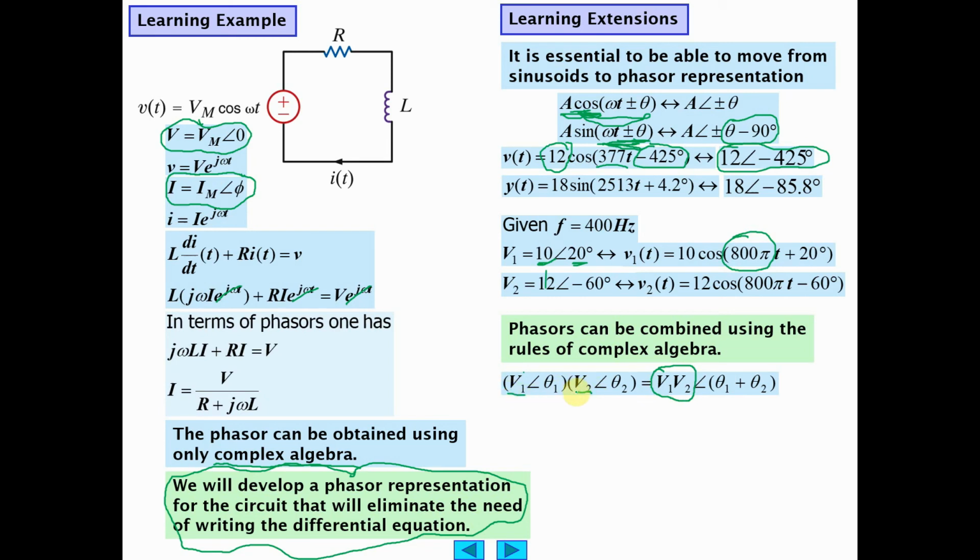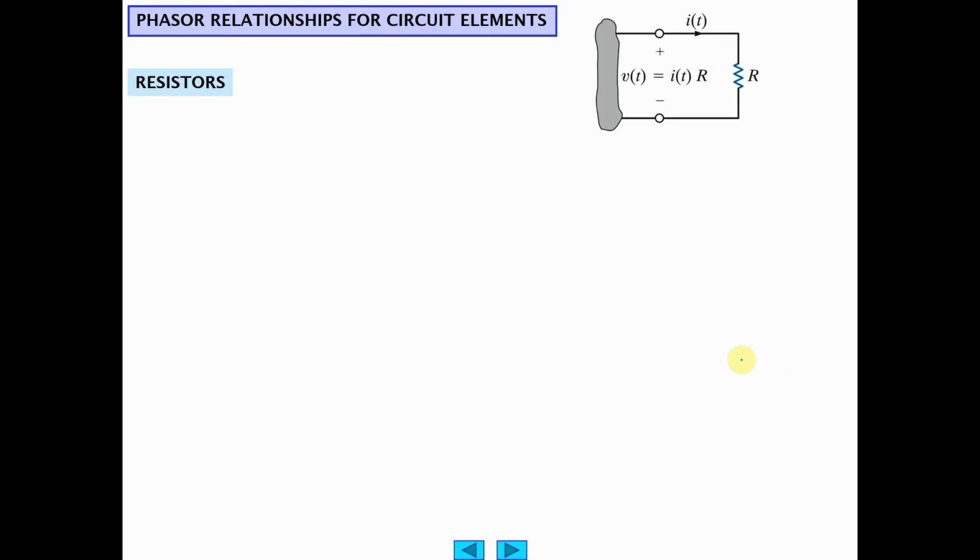When you multiply two phasors together, you're multiplying the amplitudes. You're adding, this is in the exponent. Remember, this stuff is in the exponent. So you can add the angles. But as you can see, it's starting to look pretty darn easy. Division, very similar.